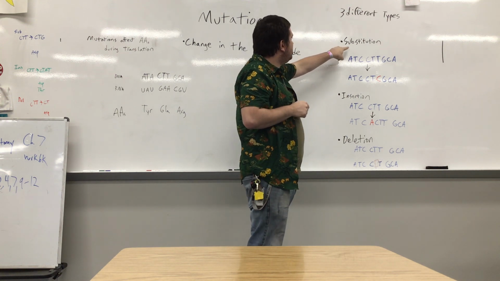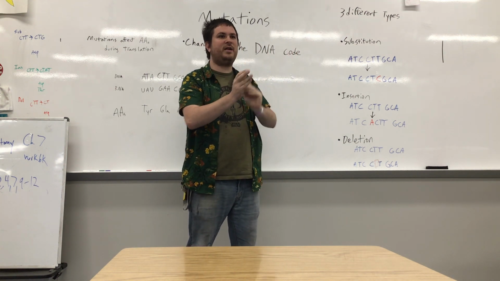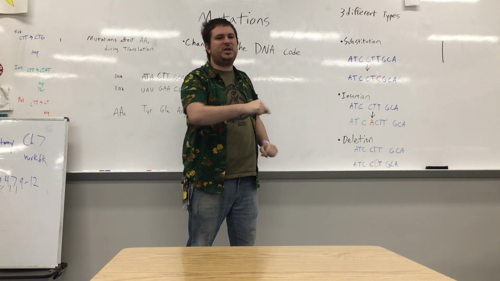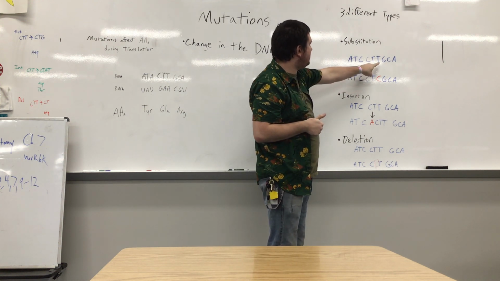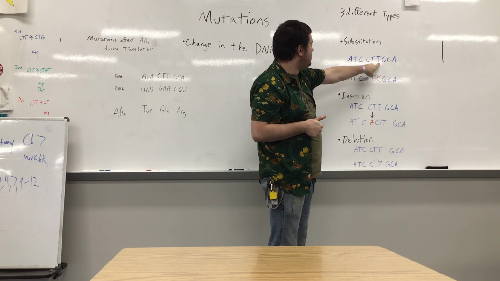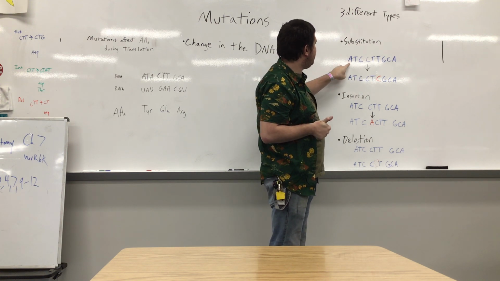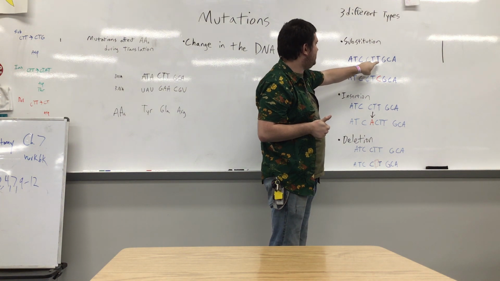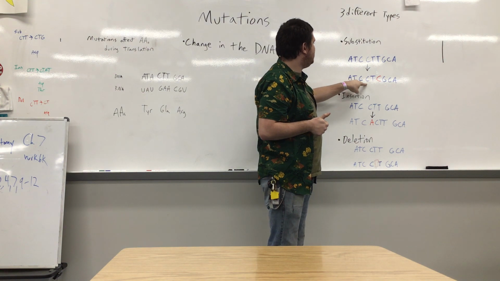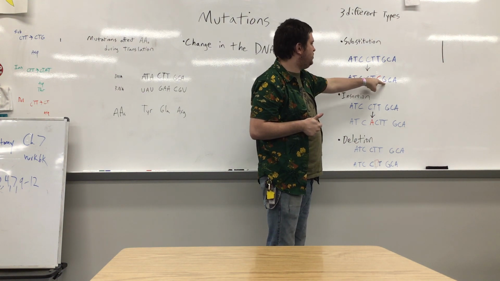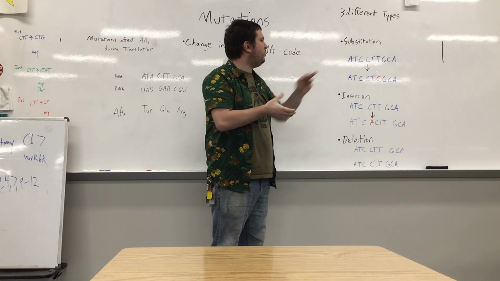So we have substituted something. A substitution is taking one letter and switching it with another letter. So in this example, we have taken the second T after the C and switched it for another C. So instead of ATC, CTT, GCA, we now have ATC, CTC, GCA. We have switched one letter for another letter.